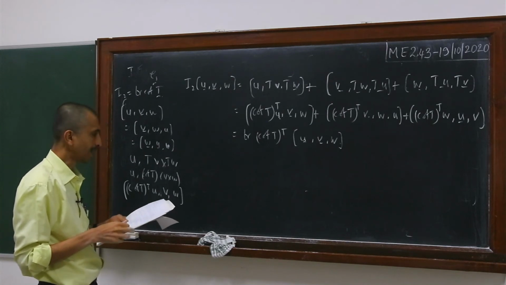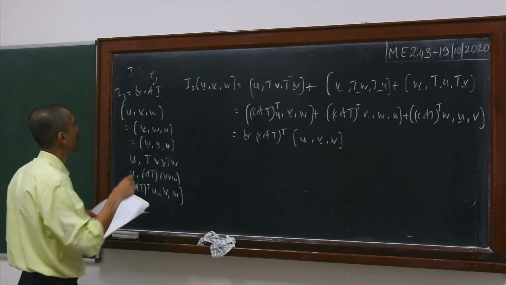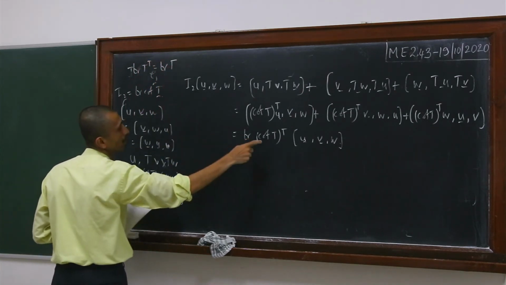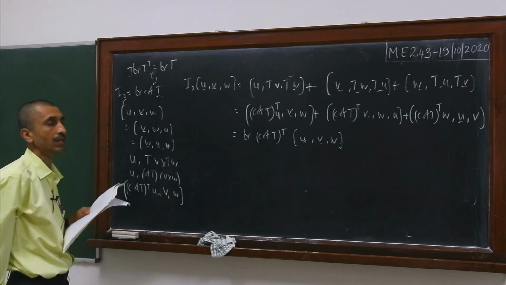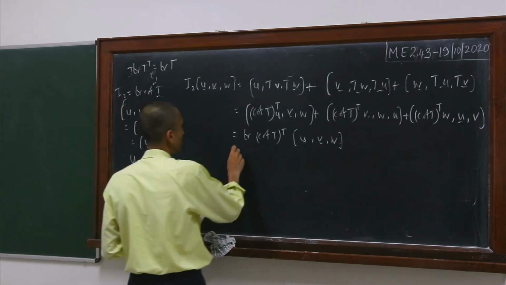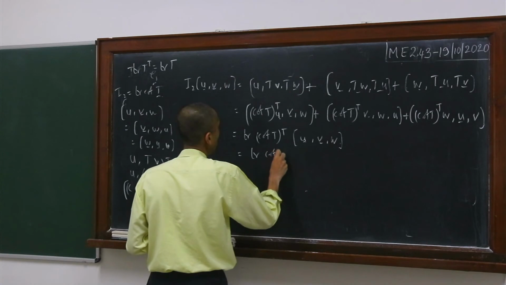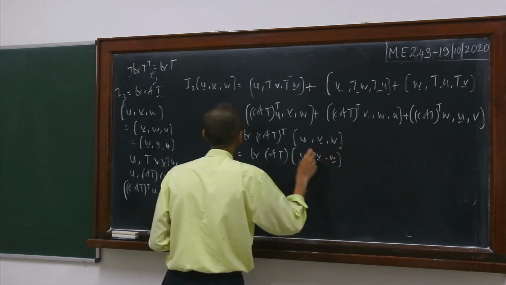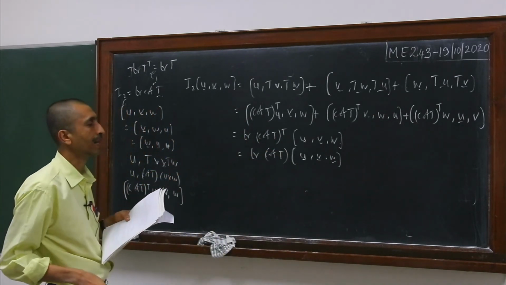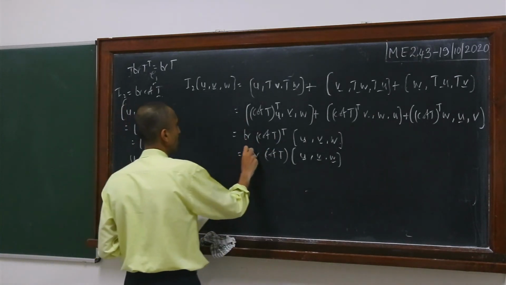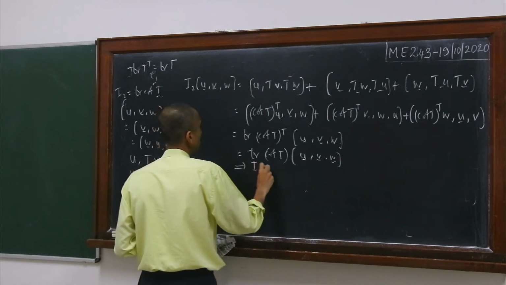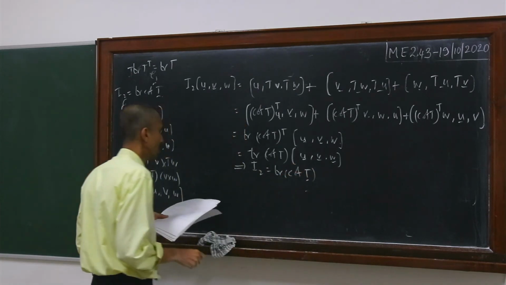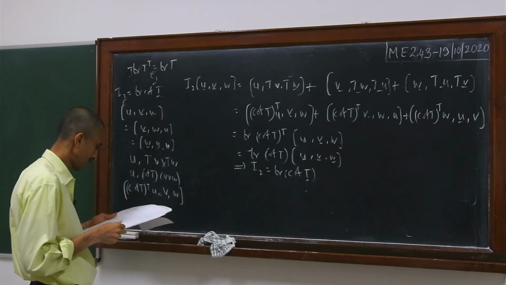We know that the trace of T transpose is equal to trace of T, so the trace of cofactor T transpose is equal to the trace of the cofactor itself. So that is trace of cofactor of T times UVW. Then choose UVW to be linearly independent so that you can cancel that out. What you will get is that I2 is equal to trace of cofactor of T. So this is a nice result again, which you can get here.